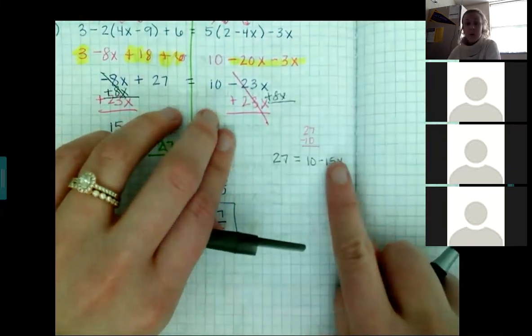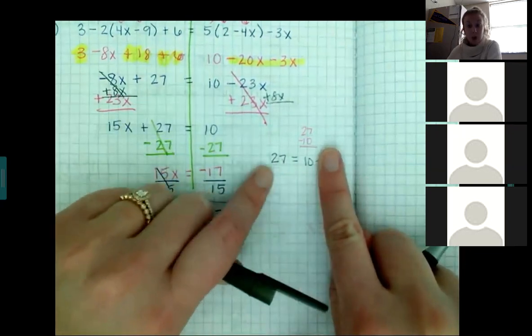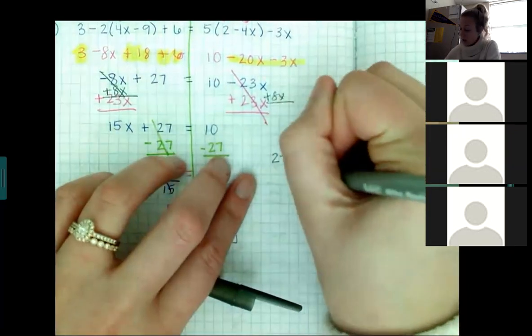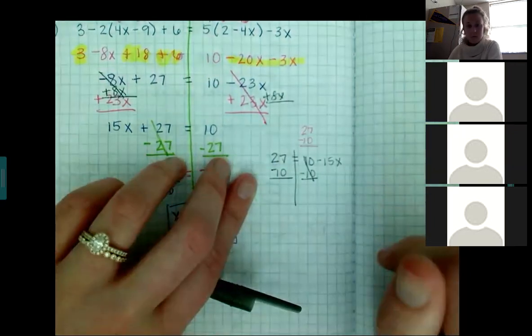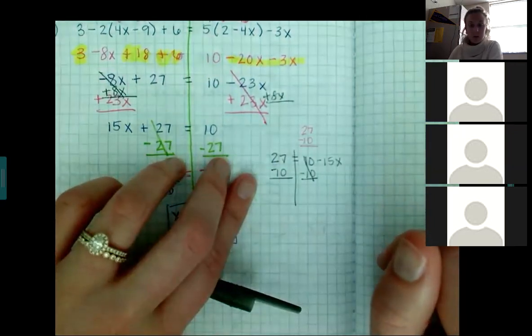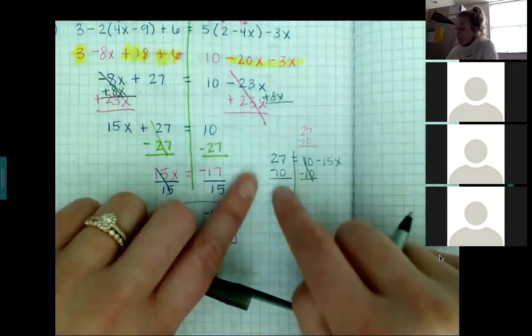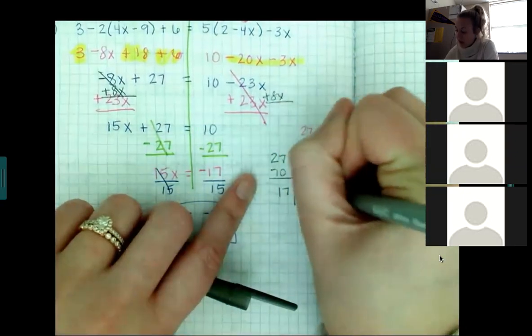Same thing now. I'm going to cover the 15x. The 10 is positive, so I would subtract it, right? If I'm going too fast, Jasmine, you let me know. Are you okay with that part, babe? Yes. Okay, so then 27 minus 10 is 17 equals negative 15x.